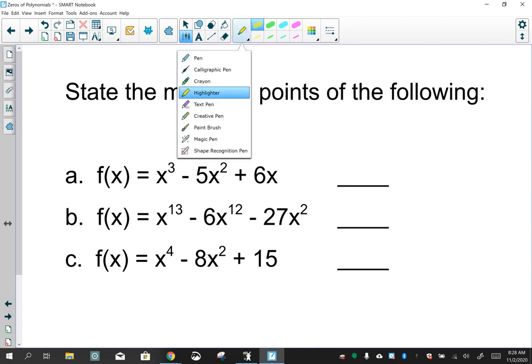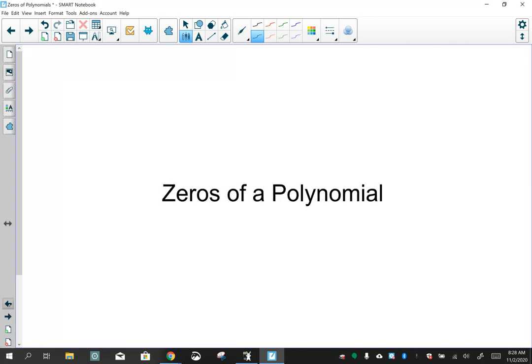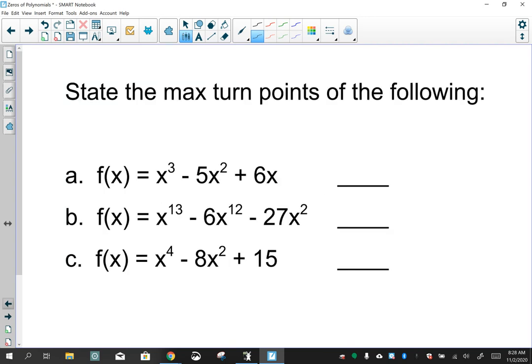So let's do a couple of practice problems here. We're going to state the maximum turn points of the following. We've got A, B, and C. Sorry, I didn't mean to push that. When I do these, I want to take my highest exponent, whatever it is. In this case, on the first one, it's going to be a 3.